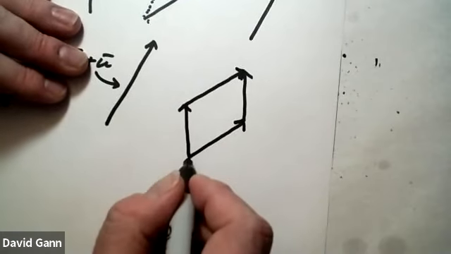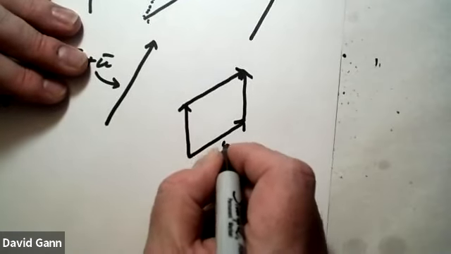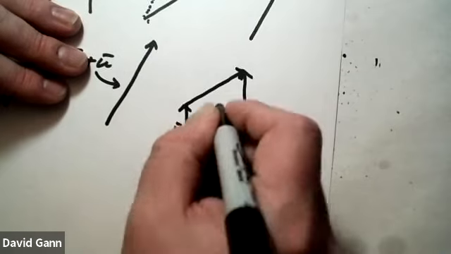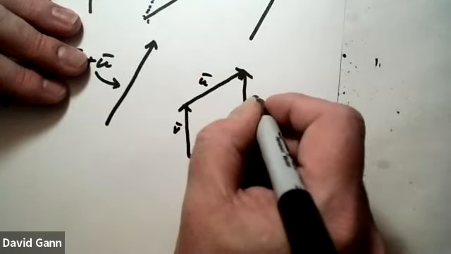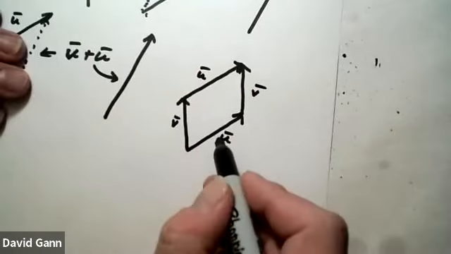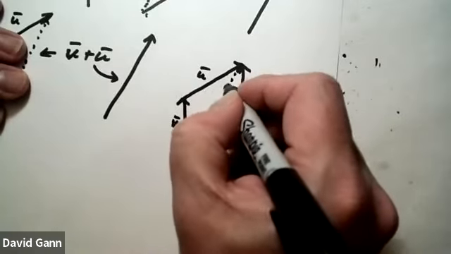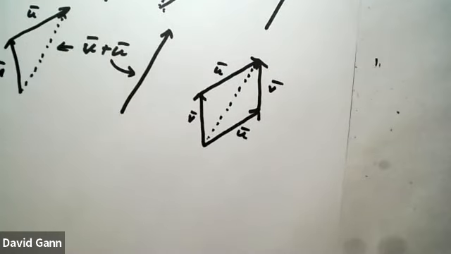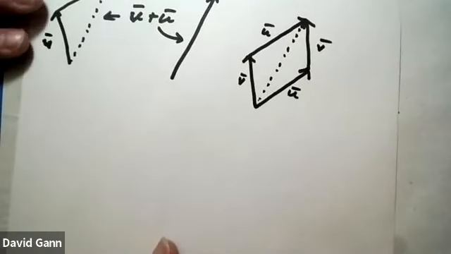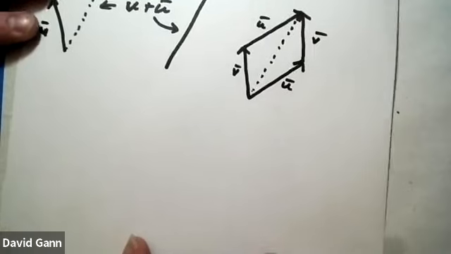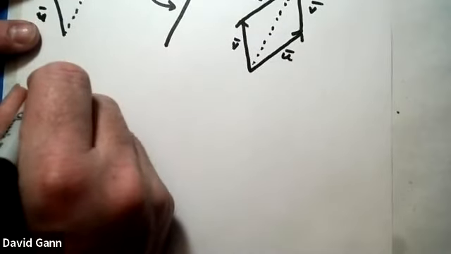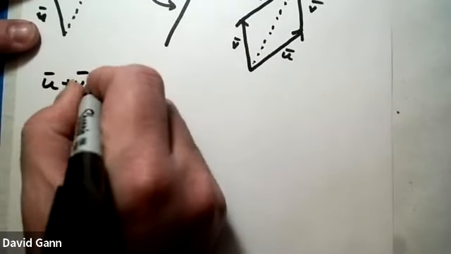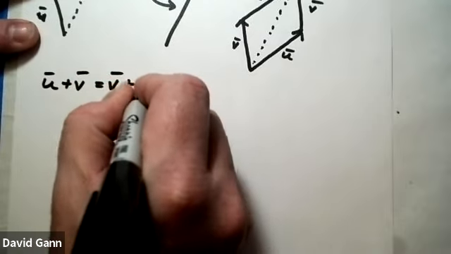So if this is where we started from, here we have u, v, u, v, just in the opposite order. So u plus v becomes this diagonal, and v plus u becomes this diagonal as well. So one thing that we know about vectors, just by the way that we add them up, is that they are commutative. So u plus v equals v plus u.